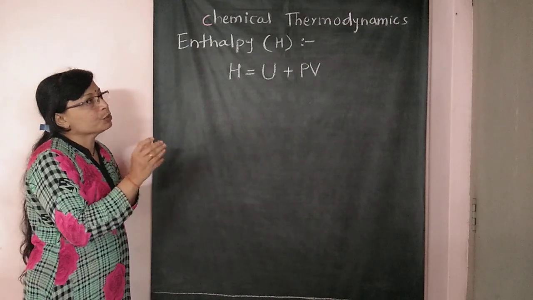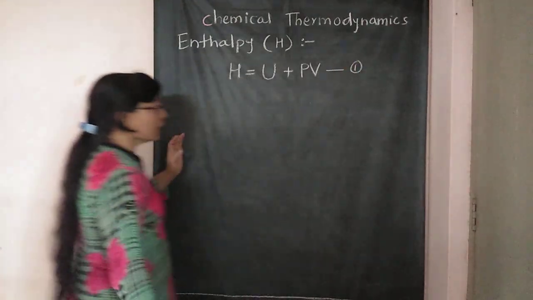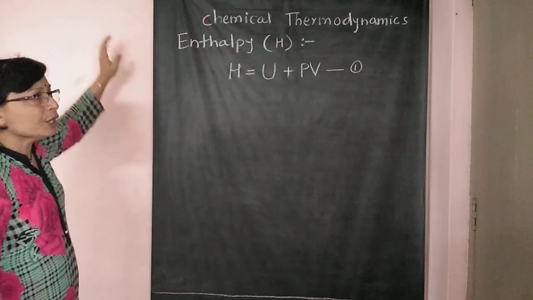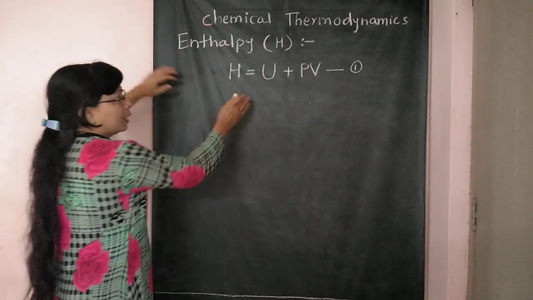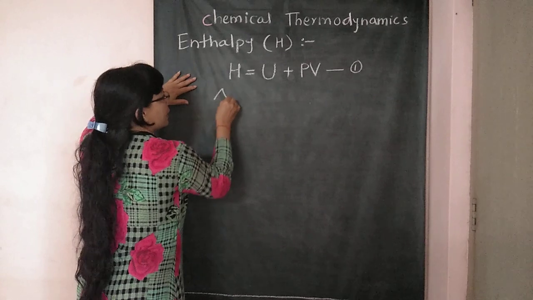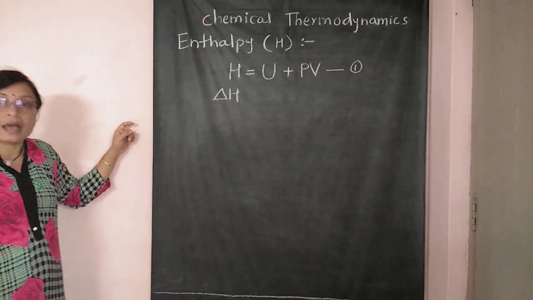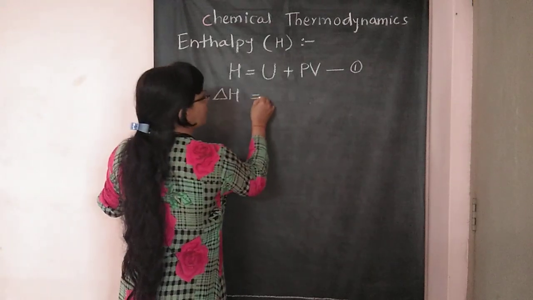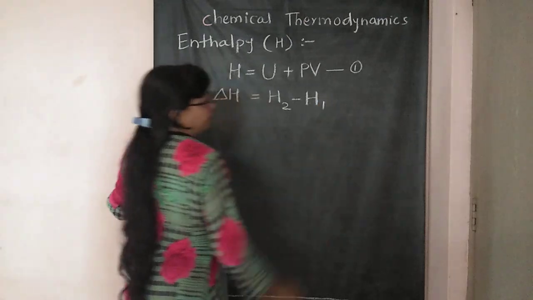H is equal to U plus PV. Suppose this is equation 1. Then again we know that the enthalpy change, delta H, is equal to H2 minus H1.